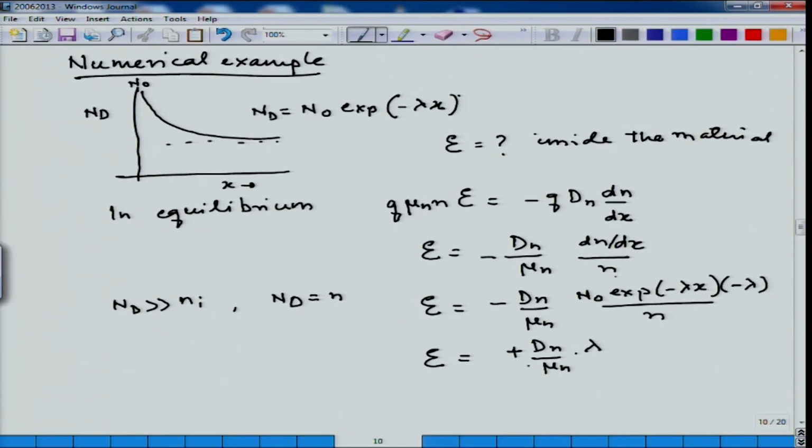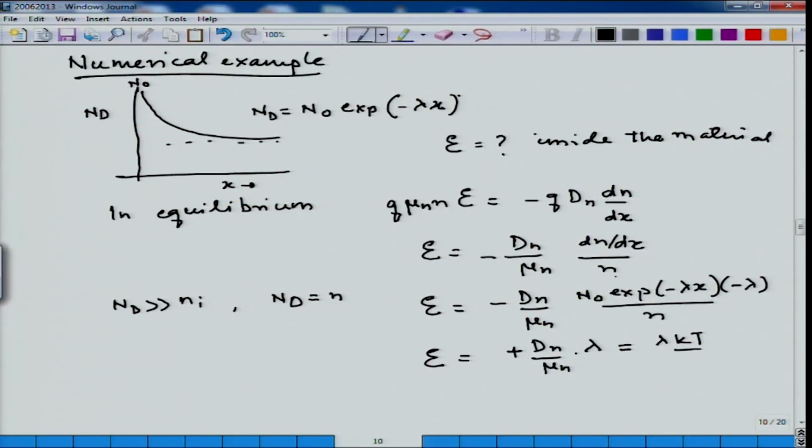And I know D n over mu n is a constant, and D over mu is kT over q. So, this is the expression we get.